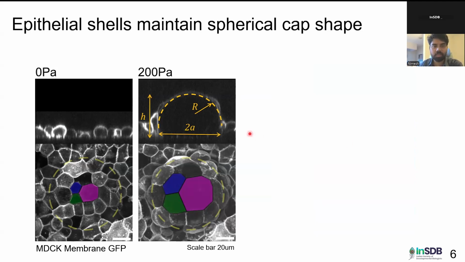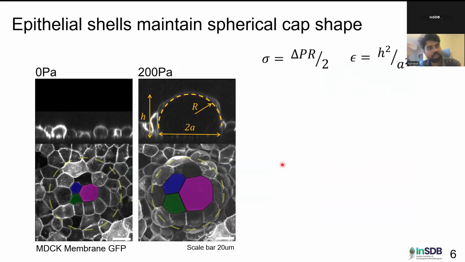And with just pressure and radius of curvature, using Laplace's law, we can calculate tissue tension. So this allows us to characterize the material properties of epithelia with measurements of tension and strain.